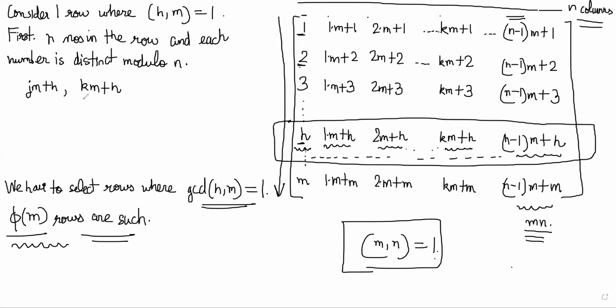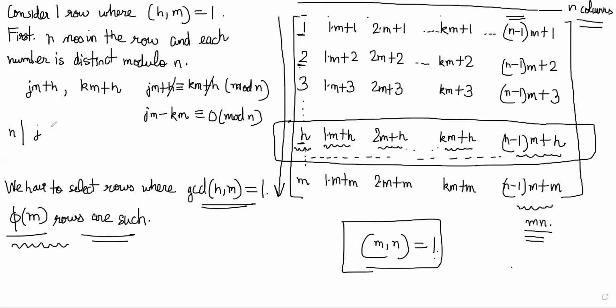If they are congruent modulo n, then jm plus h is congruent to km plus h mod n, and h can be subtracted, so jm minus km is congruent to 0 mod n. That means n divides (j minus k) times m.